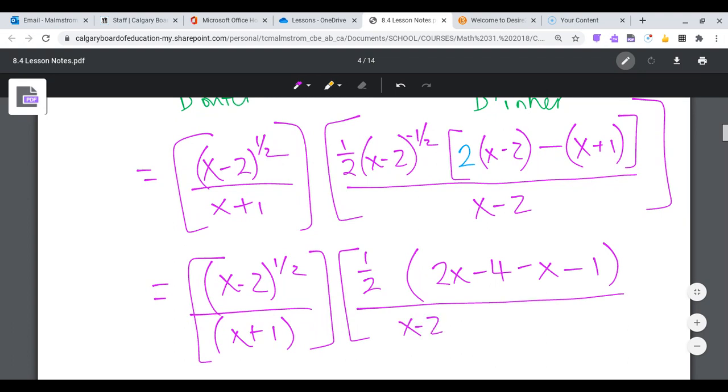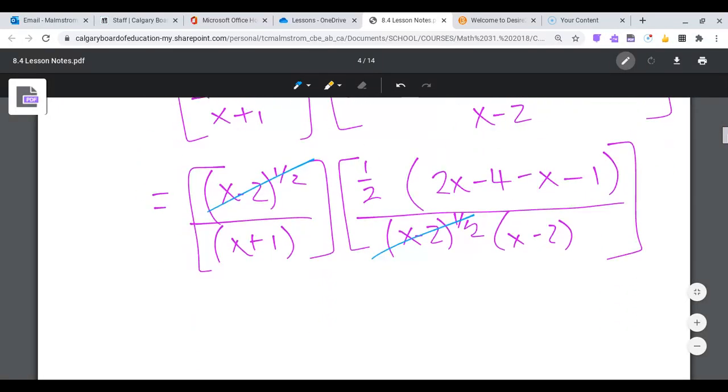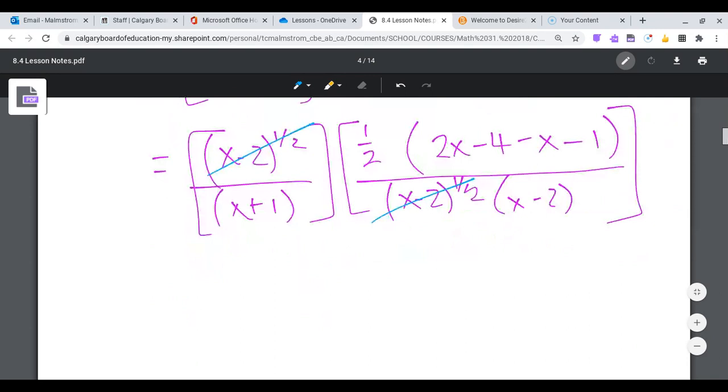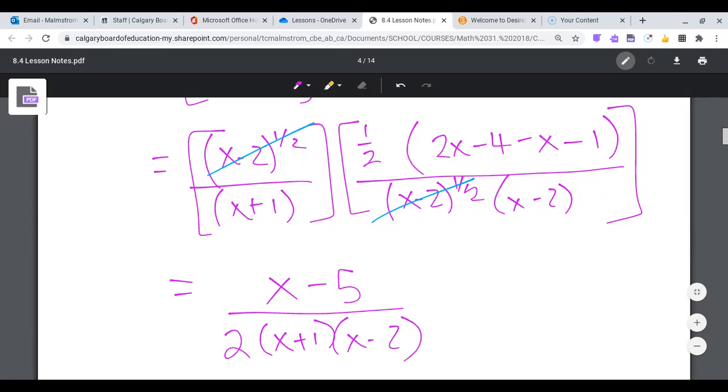And so I have an x minus 2 to the half and an x minus 2 on the bottom. And what that'll allow is that x minus 2 to the half can cancel. That half, actually, the 2 could go down below as well. So what are we left with in our numerator then? We have 2x minus x, so just x, and then a negative 4 minus 1, which is a minus 5. And on the bottom, I have my 2 for my half, and I have x plus 1, x minus 2. There it is, all tidied up.